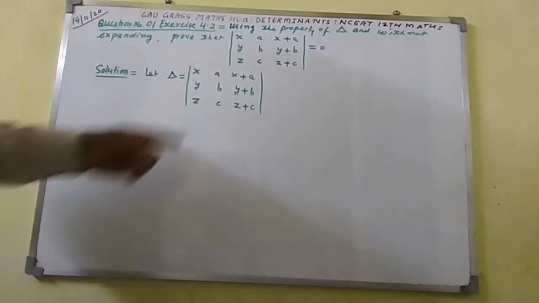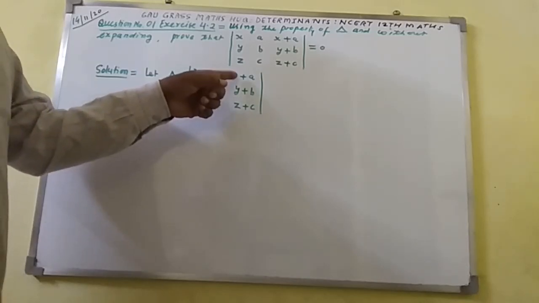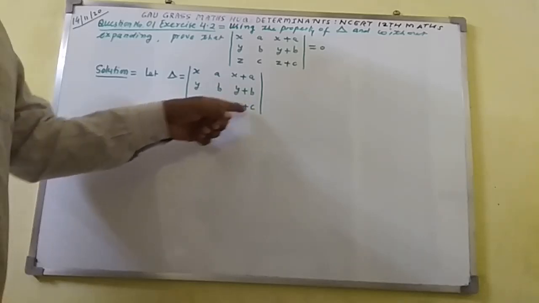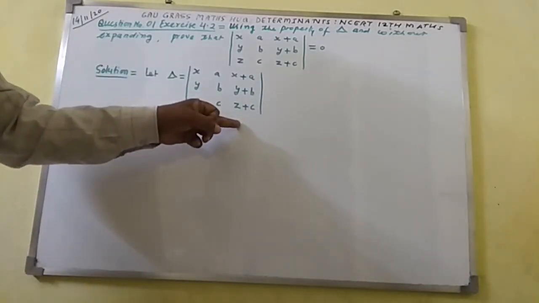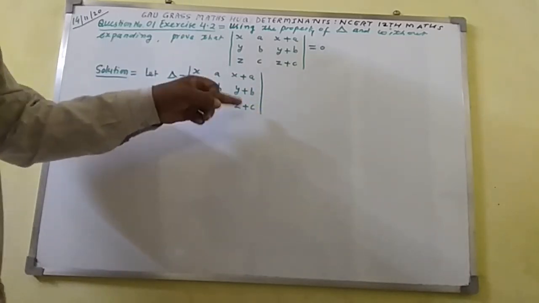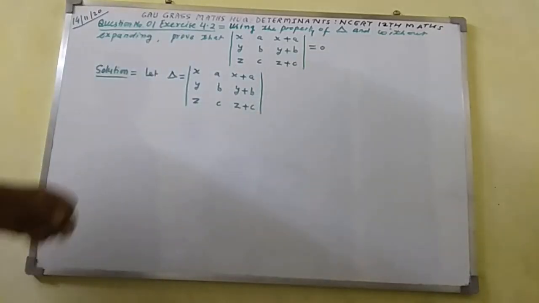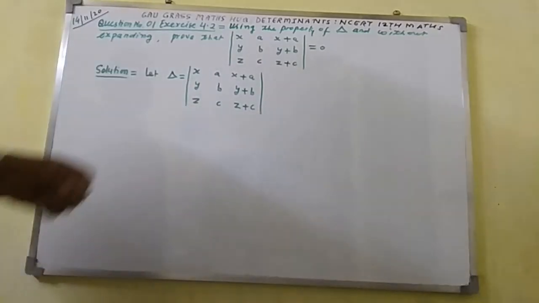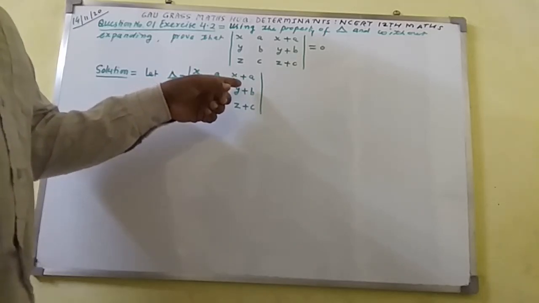Here you can see in the third column the elements are x plus a, y plus b, z plus c, and the elements of the first column are x, y, z.